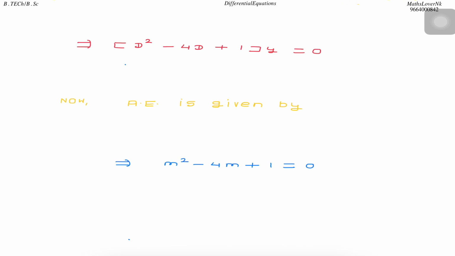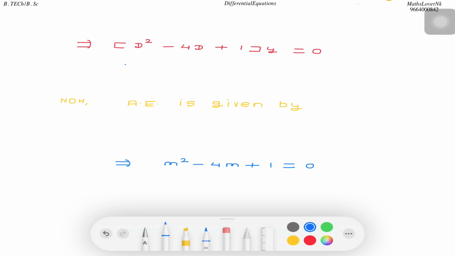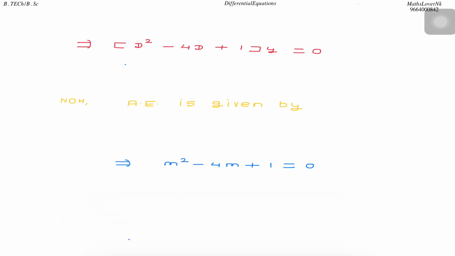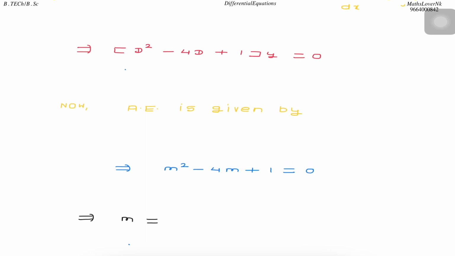We know that the quadratic formula says that if the given equation is ax square plus bx plus c is equal to 0, then the solution is minus b plus minus under root b square minus 4ac upon 2a. So here minus b means plus 4, plus minus under root b square, 4 square is 16, minus 4 into a into c, upon 2a.